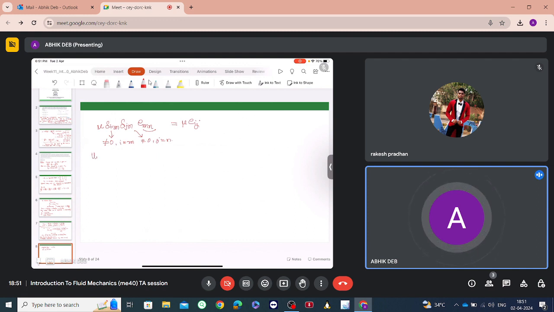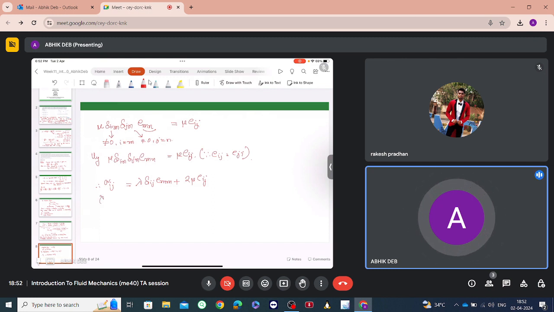Similarly, mu delta in delta jn emn is also equal to mu eij, since eij is equal to eji. Therefore, sigma ij will finally be lambda delta ij emm plus twice mu eij.